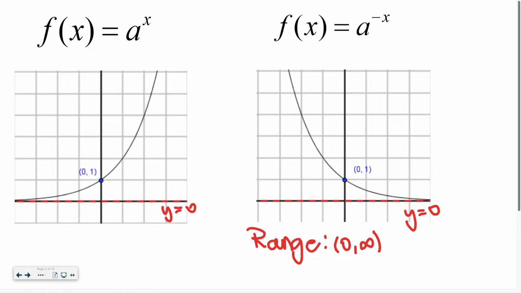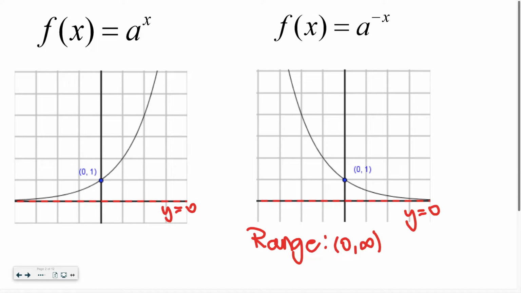Okay, so no matter if it's growth or decay, our range is 0 to infinity. Basically, the horizontal asymptote and above, right? And since we have a horizontal asymptote, we better not include that number.